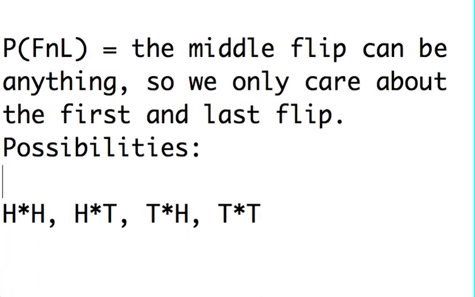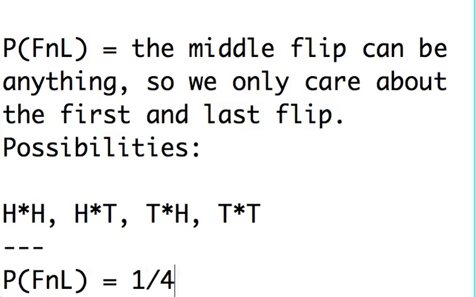And so there's only one way that we can get heads on the first and last flip. Probability of heads on the first and last flip is 1 out of 4. This one way, out of the 4 possible ways that we get different flips for the first and last.